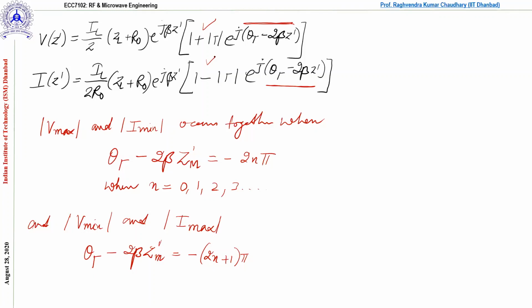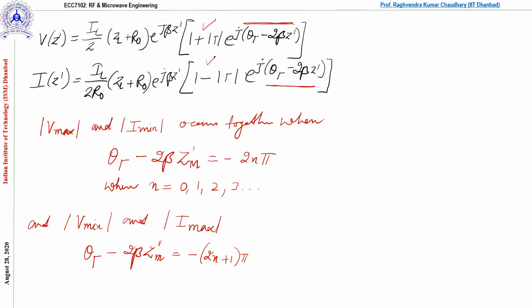So one thing is clear: from these conditions one can immediately guess at what argument we will be getting the maxima and minima. Now this maxima and minima value is very important to decide one very important parameter which we call VSWR, voltage standing wave ratio.